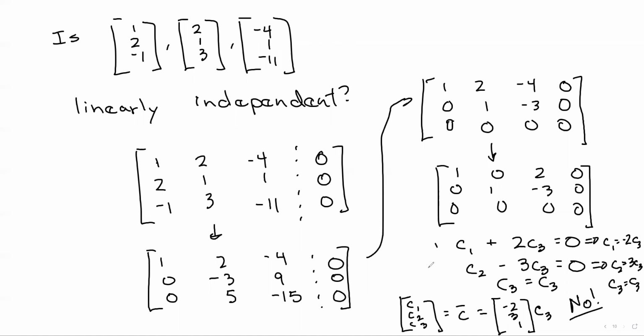All right, so because we were able to get a solution other than all zeros, how would we have known if this was linearly independent? Well, what would have happened is we would have had 1s all the way down the diagonal. You can't have an all 0 row. If you have an all 0 row, then it's linearly dependent. If you have 1s all the way down the diagonal, then it's linearly independent.